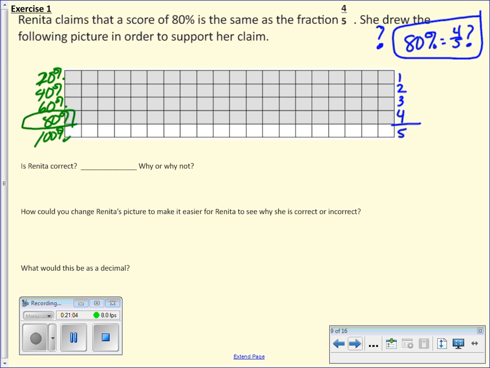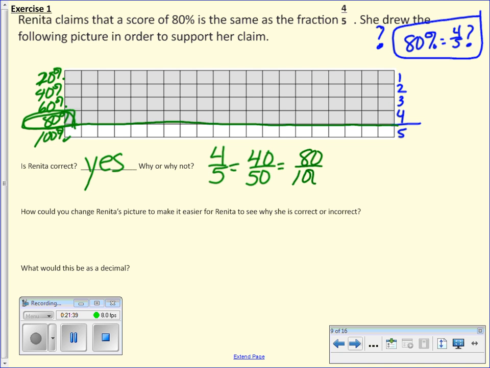So is she correct? Is 4/5, 4 out of 5 equal to 80%? Yes. She is correct. And if we want to show this as fractions, 4/5 equals 40 out of 50, which equals 80 over 100.